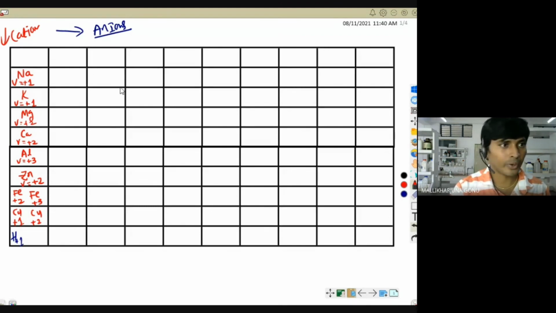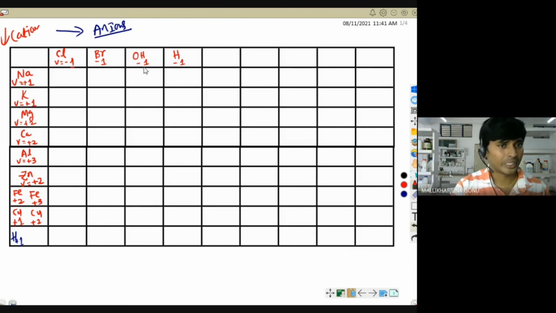The most important thing is chlorine, which comes frequently. Valence is -1. Chlorine, bromine, valence is -1, and hydroxide. This is polyatomic ion. Oxygen is there, hydrogen is there. Very, very important. -1. And H also is possible, -1.